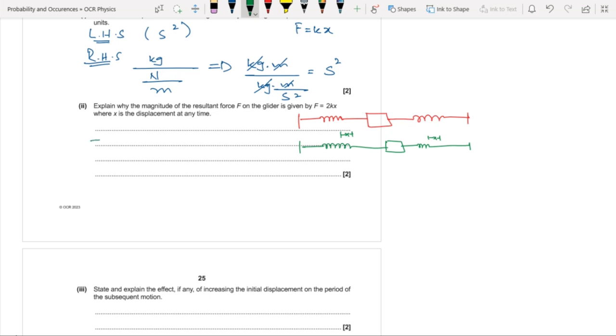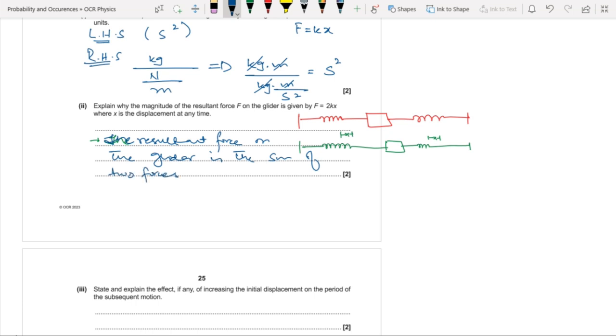And we can say the resultant force on the glider is the sum of two forces.